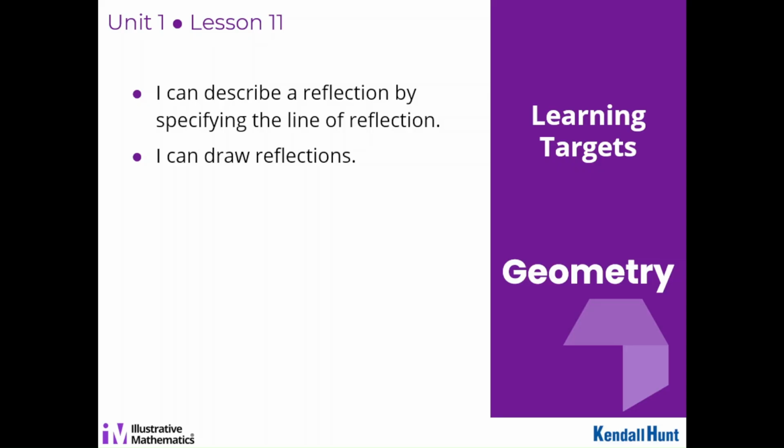And then learning target number 2 says that you can draw reflections. That simply means you understand that once you know where your line of reflection is, and you know which point you're reflecting across that line of reflection, then you understand how to move that point straight across the line of reflection in a perpendicular motion so that it ends up in the same spot on the other side.